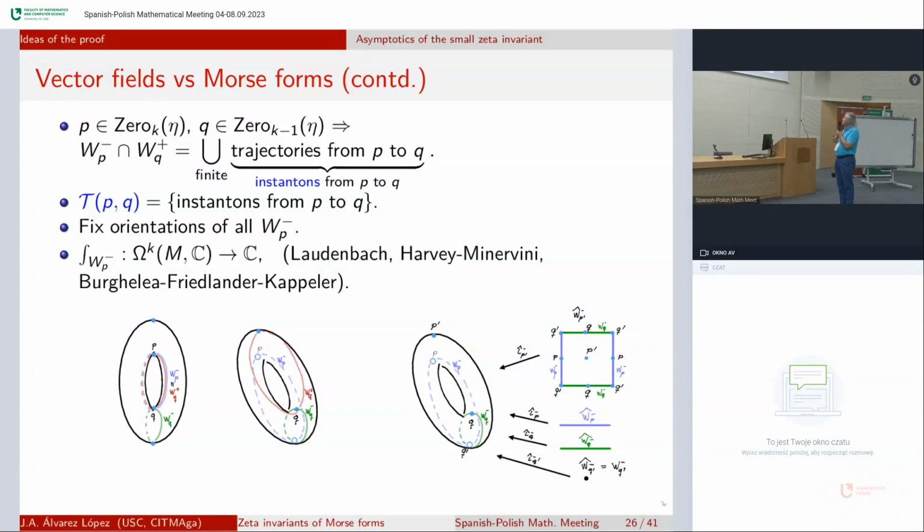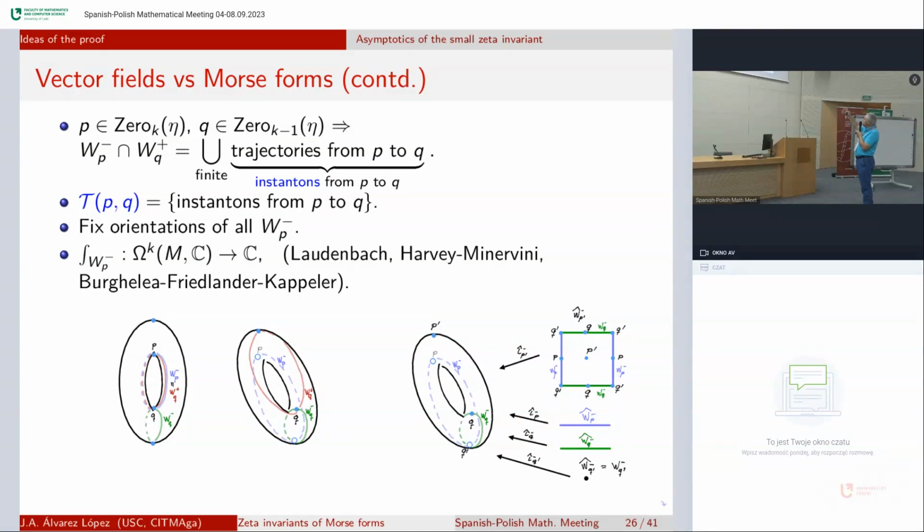This is not at all clear. It's a strong result proved by Laudenbach, Harvey, Minervini, Burghelea, Friedlander, Kappeler. And for instance, in the last proof given by Burghelea, Friedlander, and Kappeler, it's very illustrative because they construct a manifold with corners which is immersed in the manifold for every unstable submanifold, which is a completion of the unstable submanifold, so that the interior is diffeomorphic to the unstable submanifold.